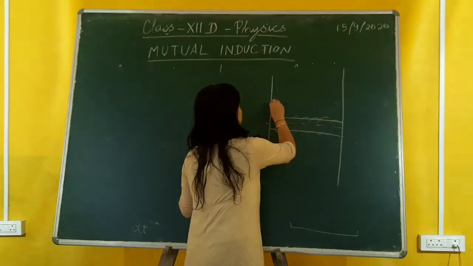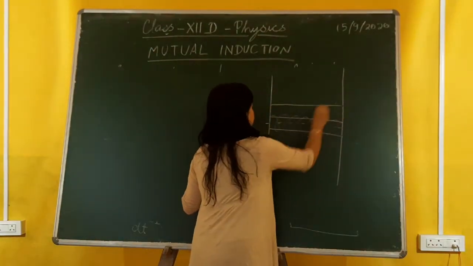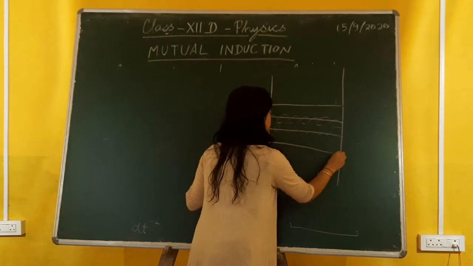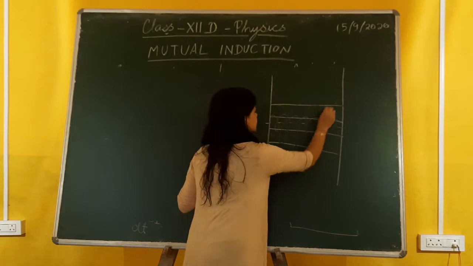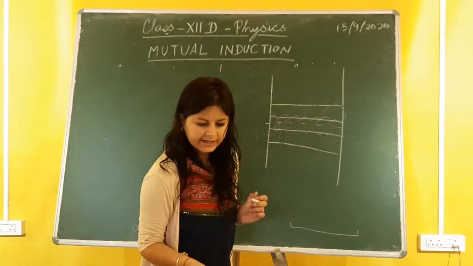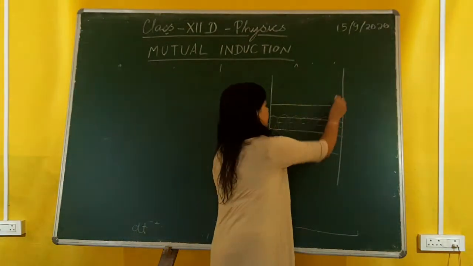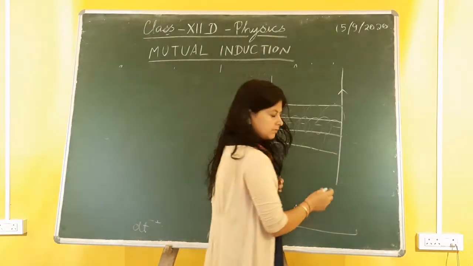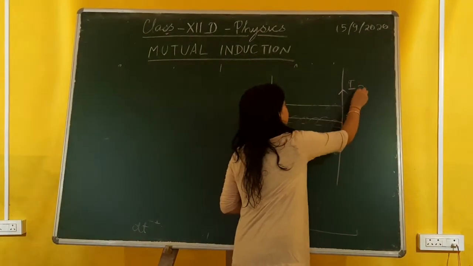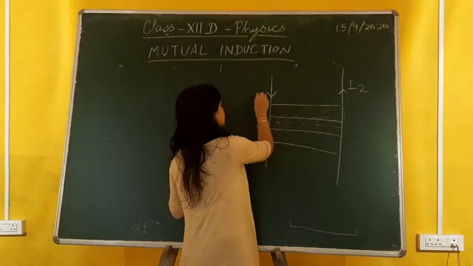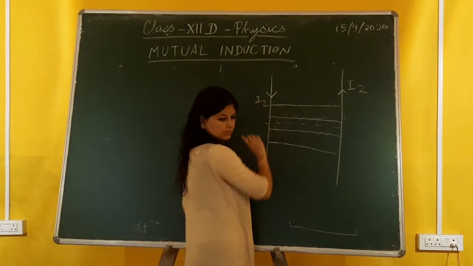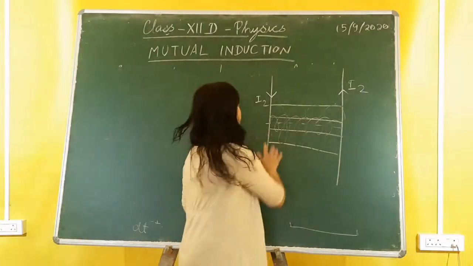I don't know if the chalk's color is visible, but this is the outer solenoid, same axis, wire is wound like this. Current flowing here, I2, here it will be in the opposite direction, just opposite, it will be I2, sorry, I1.